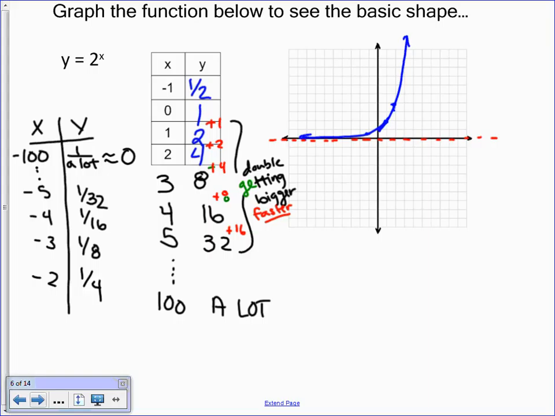That line has a special name. I'm going to label it here, then we're going to go to the next slide, which has the definition. This is called an asymptote. The P is silent, so you really just say asymptote. You don't have to say the P at all.